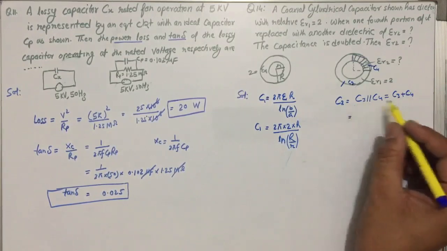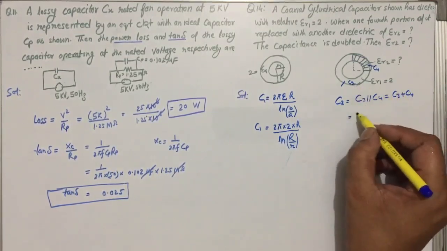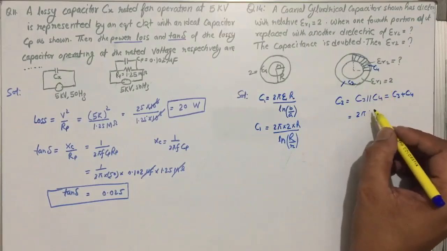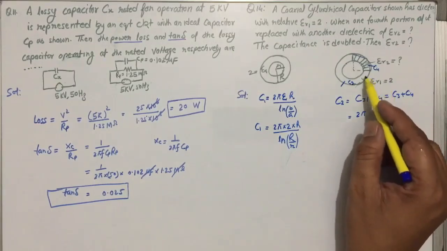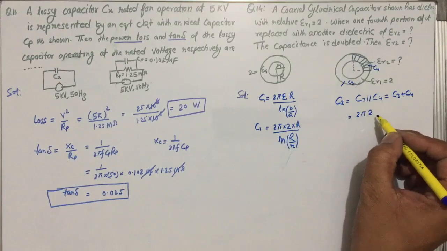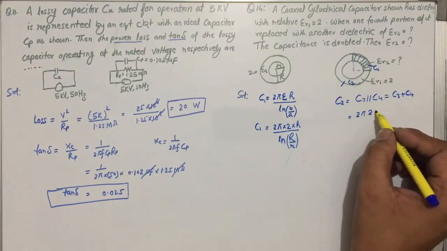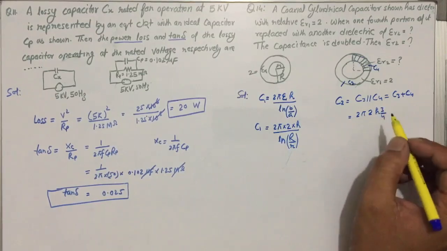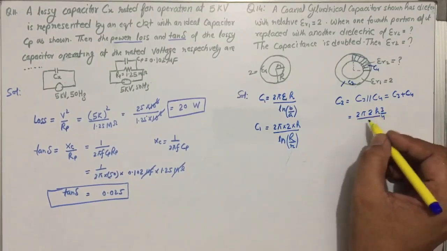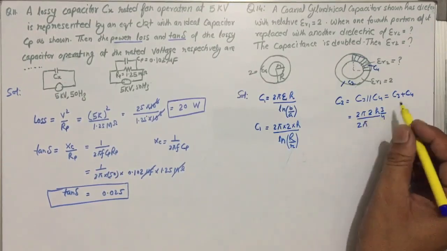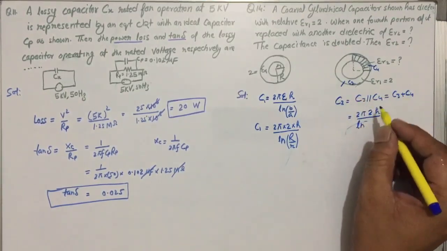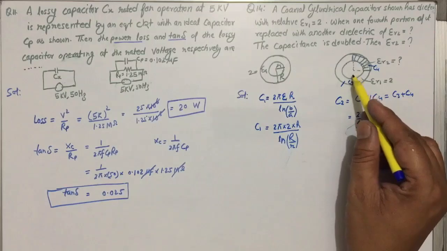So C2 will be C3 plus C4, and C3 will be 2 pi epsilon, epsilon is 2, and h will be 3 by 4 of that, divided by natural log R by r.